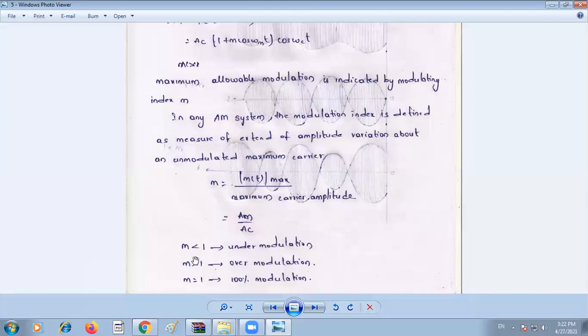This condition M equal to 1 is known as 100% modulation. M less than 1 is under modulation, which is practically possible. M greater than 1 is over modulation, not practically possible.